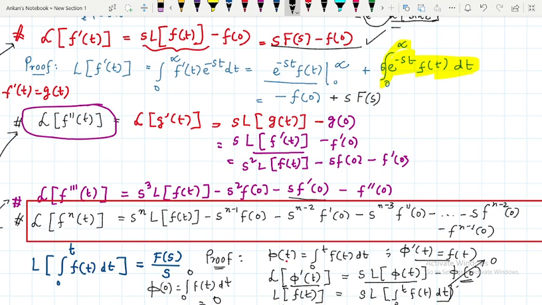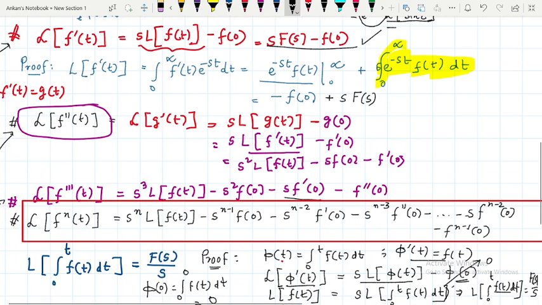So you can write that the Laplace transform of the integral from 0 to t of f(t) dt is simply F(s) by s. Okay, this is proved.